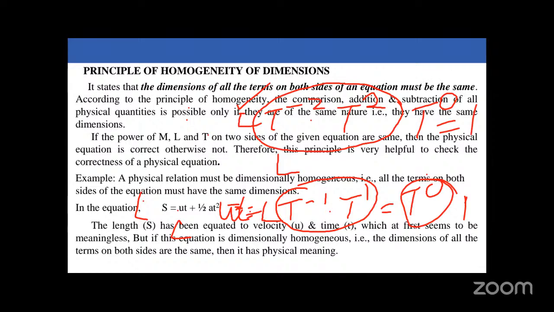So for S, we have L. For ut, we have L. And for at squared, we have L. So on both sides, we have L only, representing their dimensional formula, which implies that this equation is a correct equation. The equation is correct and is homogeneous, and it must be accepted.